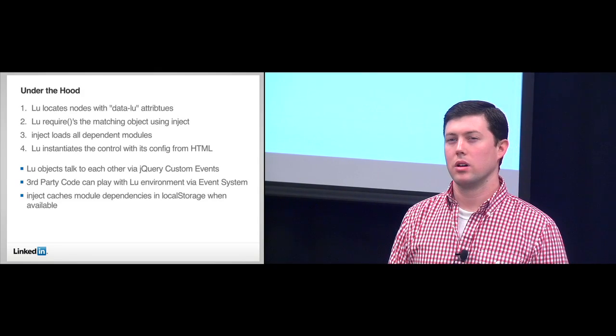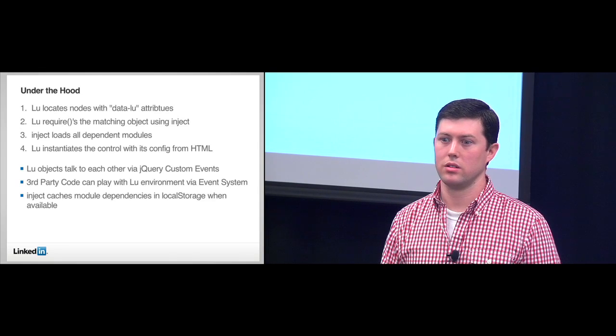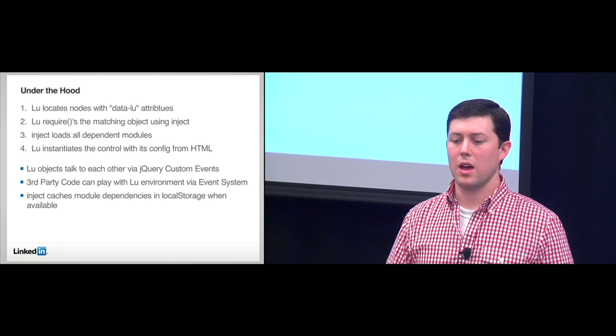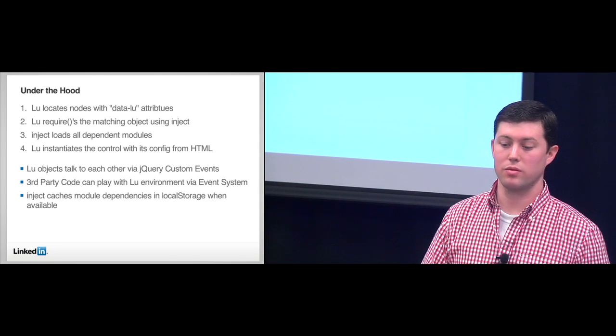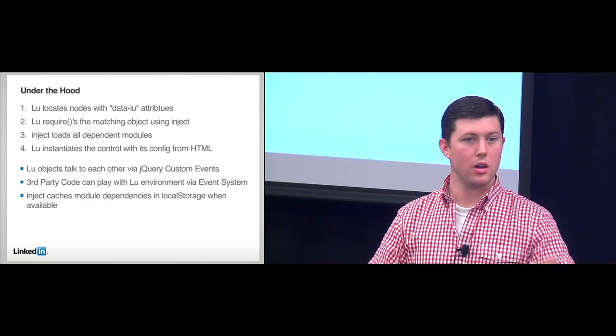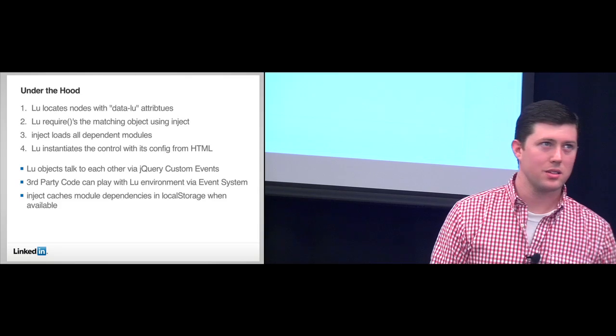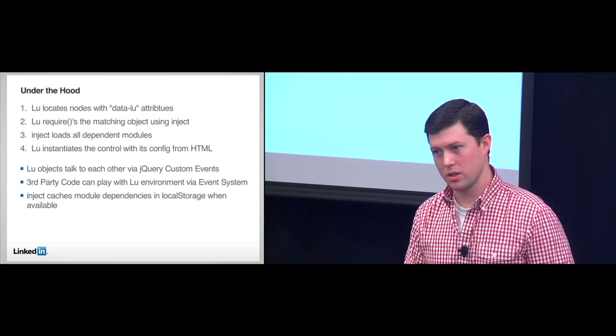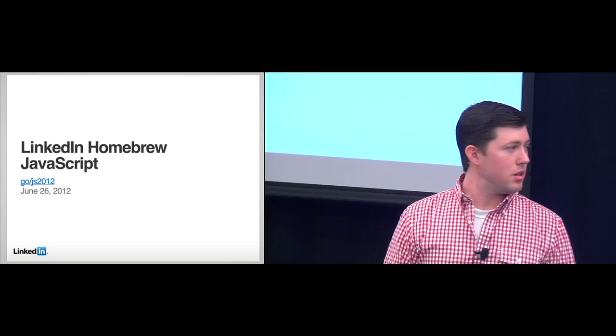It also provides an API using jQuery's custom events for sending events inside of each control to other controls, which is not something we really support with JS Control today. And I believe that's it.